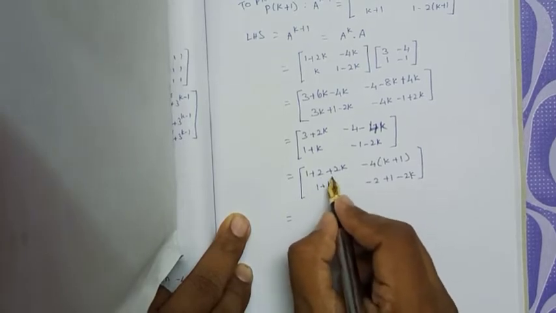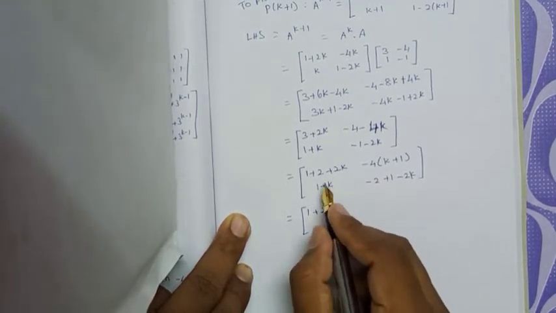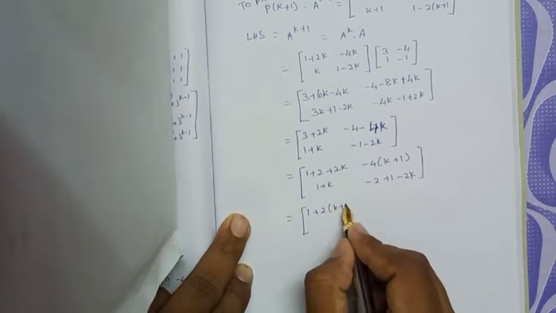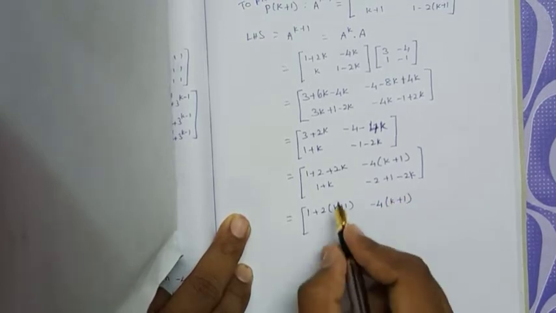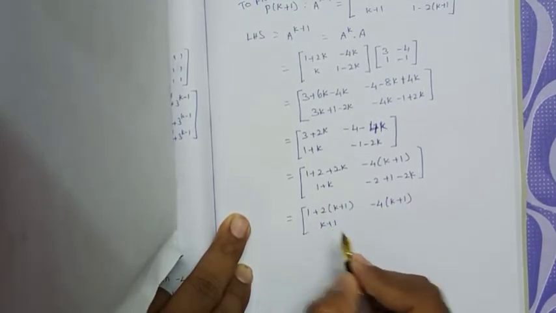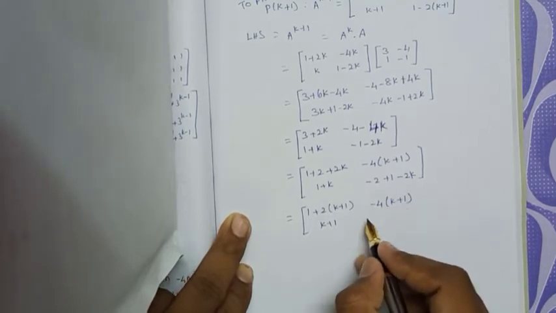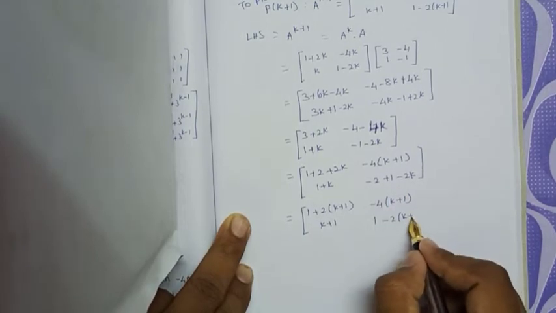So here 2 is common, we take it out. 1 plus 2 we take out common. So what is the remaining? k plus 1. Here minus 4 into k plus 1. Here also we write k plus 1. Here the minus 2 is taken out common, while the remaining value is 1. Minus 2 is common, so k plus 1.